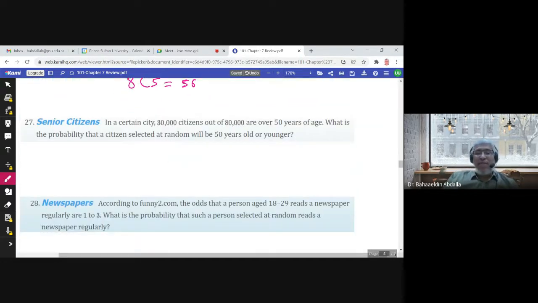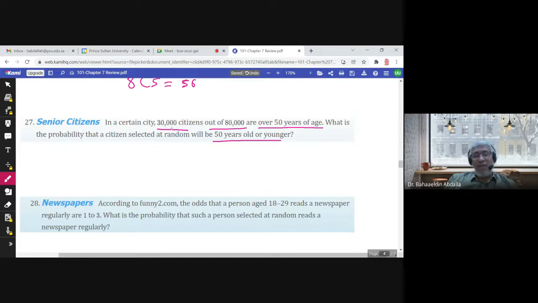In a certain city, 30,000 citizens out of 80,000 are over 50 years of age. What is the probability that a citizen selected at random will be 50 or younger? Okay, so 30,000 are over 50. What about 50 or younger? The remaining are 80,000 minus 30,000.